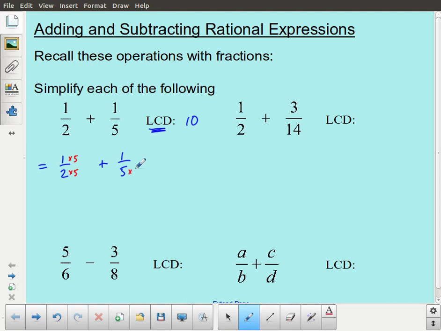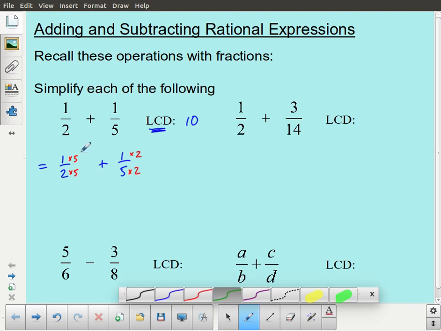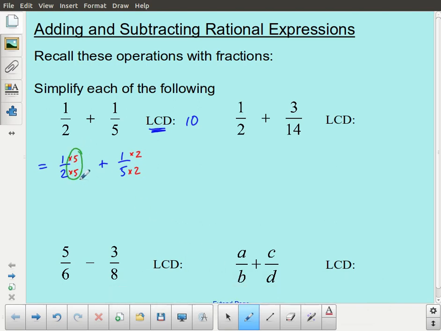To change the 5 into 10, I'm going to multiply it by 2, but I have to multiply both the numerator and denominator by 2. And the reason for that is because 5 over 5 is actually equal to 1, and 2 over 2 is actually equal to 1. So what I've done is I've multiplied 1/2 by 1, which is of course still 1/2, and 1/5 times 1 is still 1/5.